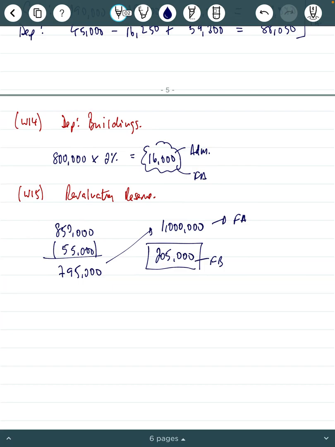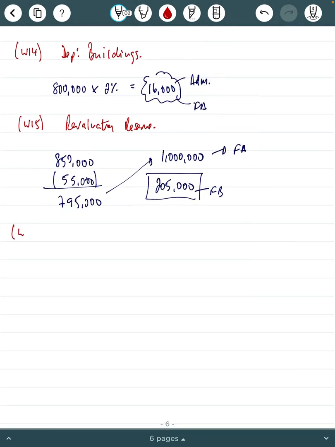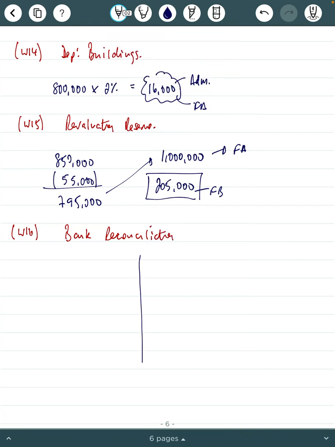The next thing we have here is your bank reconciliation. Again, here we're looking at our own bank and at our bank statement.